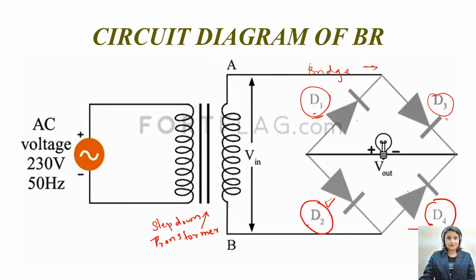They are forming a bridge. Between the C node and the D node, we are going to calculate our output voltage. Here I have connected a bulb. You can also redraw it as the load resistance RL.